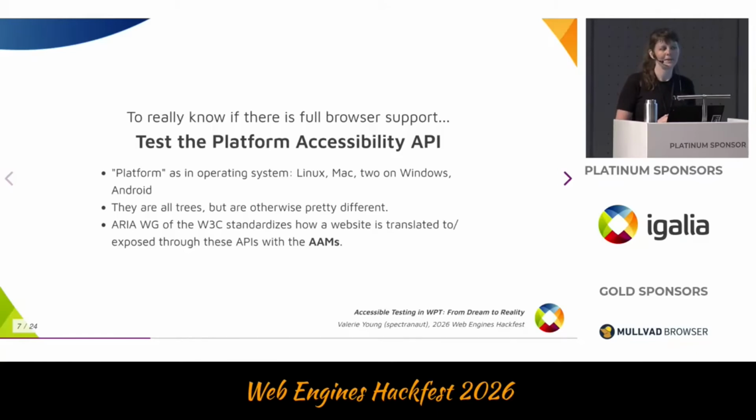They were created a long time ago for the basic UI components of an operating system, and so it moves much slower than the web moves, and we always have to try to translate these new web contents into these older accessibility APIs, which do get updated, but more slowly. And the ARIA working group of the W3C is the group that standardizes how websites are translated to or exposed in these accessibility APIs. We have a set of specifications which we call the AAMs, which is Accessibility API Mappings.